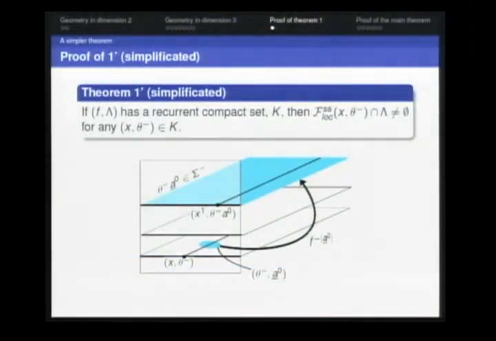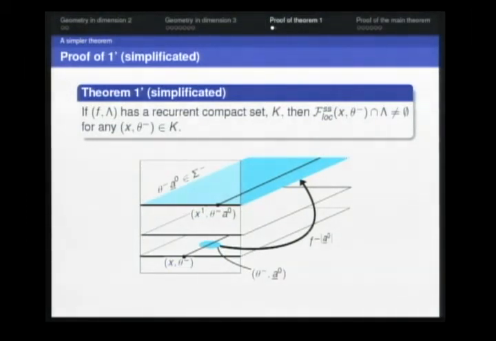But the heart of the recurrent compact criterion working is in this proof. So we prove that if we have a recurrent compact criterion, then the projection along the strong stable foliation contains an interval. I miswrote there. The projection contains an interval.